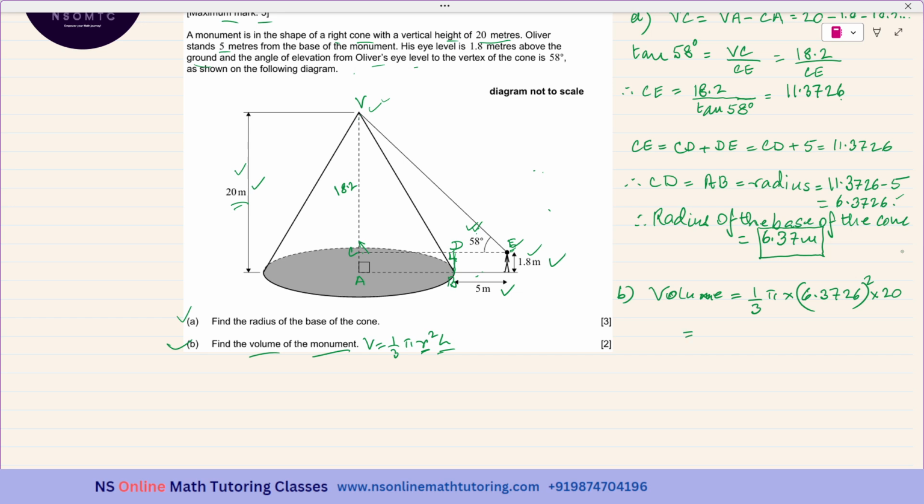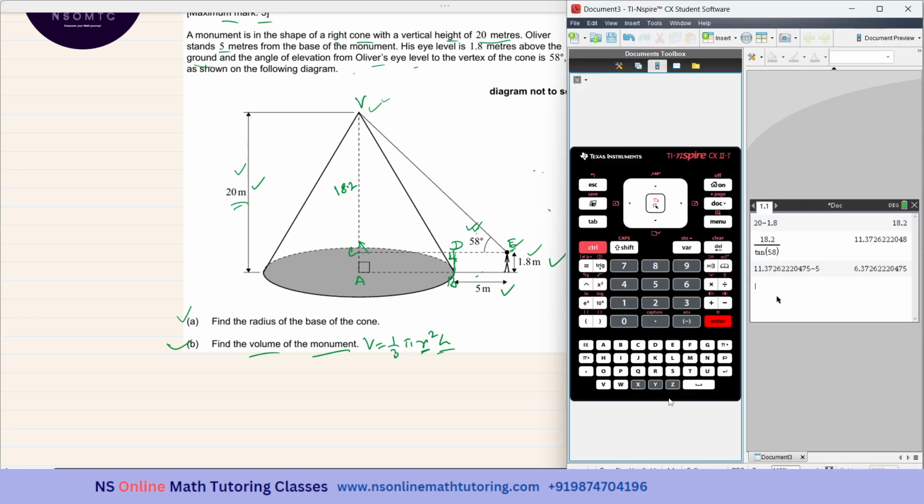So this is equal to 1/3 times pi times r squared, which is answer squared, times 20. Enter. 850.54.